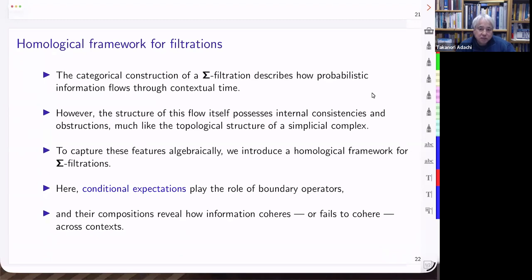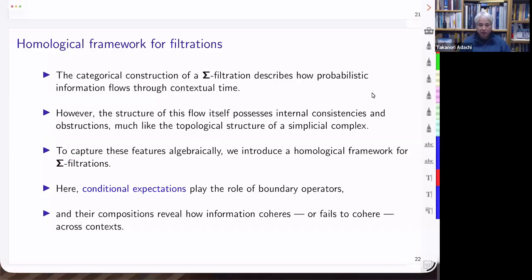So in order to capture these obstructions, we can use an algebraic method, a homological framework for sigma filtrations.